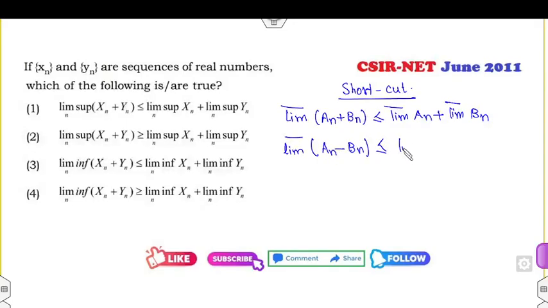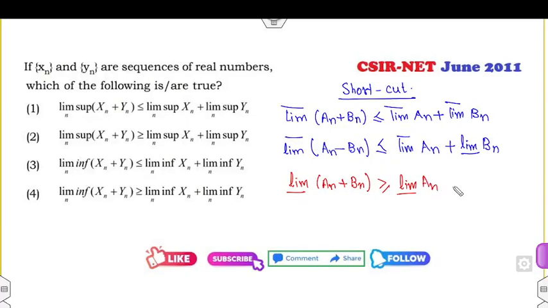It is less than or equal to limit supremum of an plus, because of this negative, limit infimum of b. Similarly, limit infimum of an plus bn is greater than or equal to limit infimum of an plus limit infimum of bn. Similarly, you can write it with a negative sign. So clearly the first option is correct by this statement. Second is wrong. Third is wrong. Fourth is my correct statement.